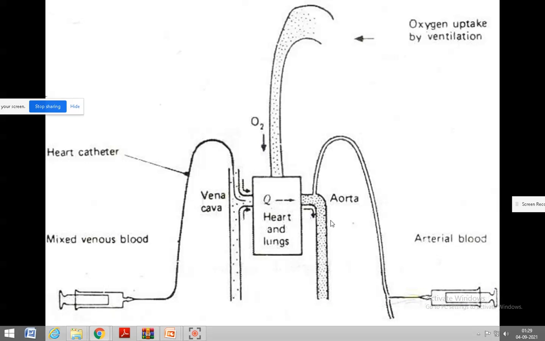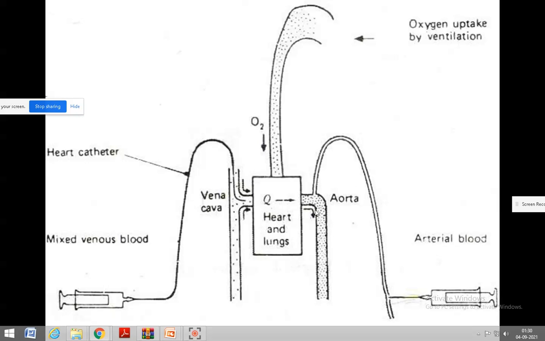Arteries means the aorta, and the blood in the arteries will be called arterial blood. So through that only you are going to inject the oxygen.